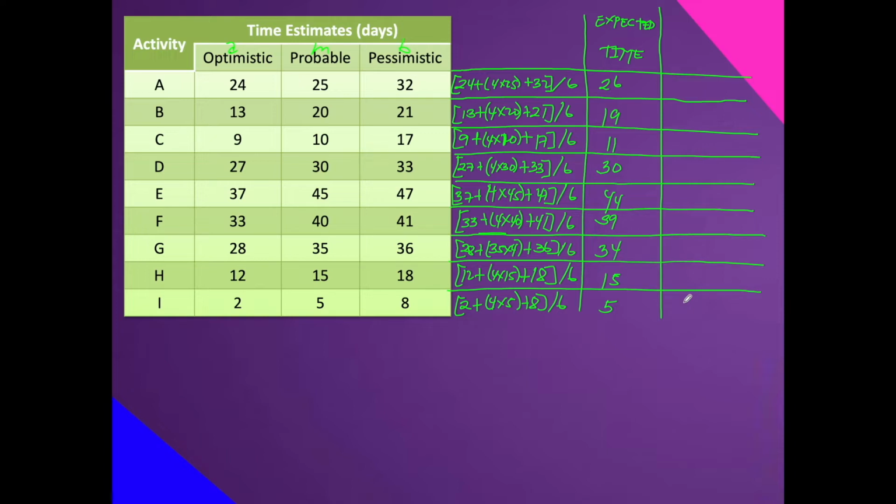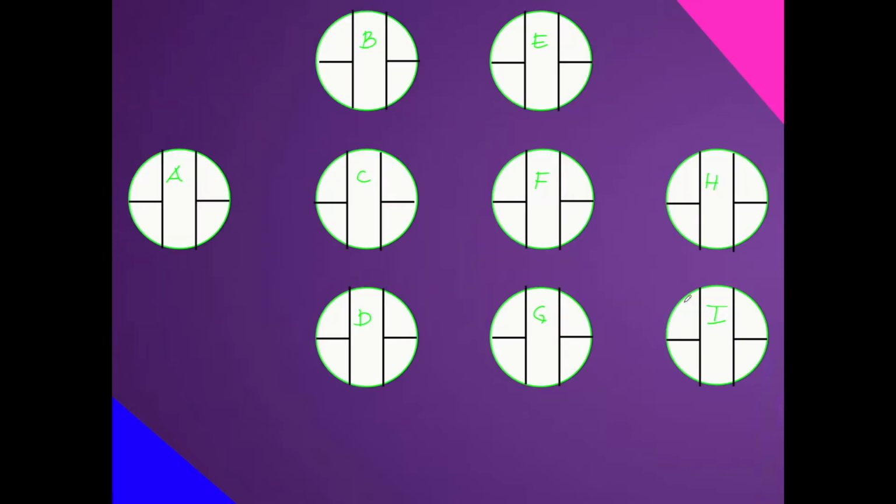So, let's try to transfer these expected times to our network diagram. For A, it is 26.